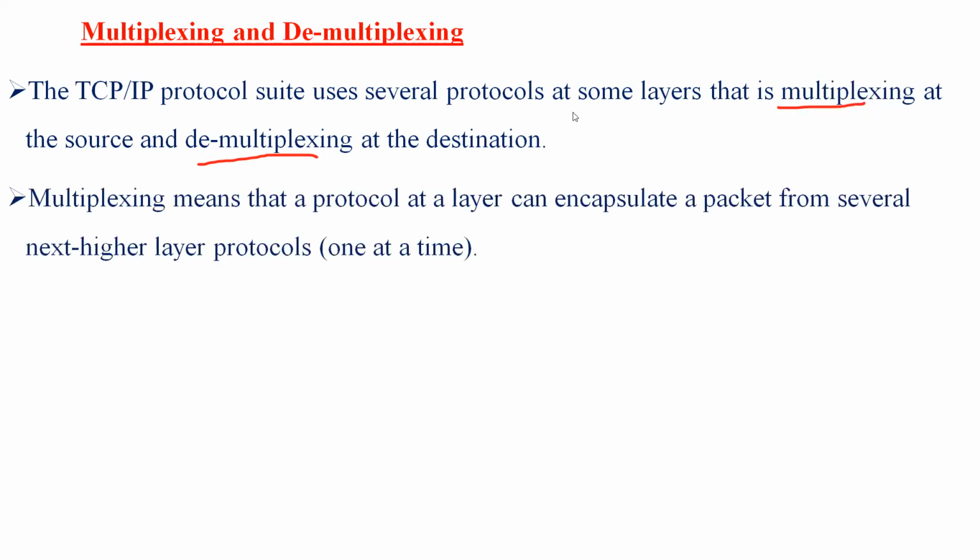Multiplexing is when a protocol at any layer of TCP/IP can encapsulate a packet from several next higher protocols, one at a time. So multiplexing means a protocol can encapsulate a packet from several next higher protocols one at a time. Encapsulating a packet is multiplexing, whereas decapsulating is demultiplexing. Demultiplexing means a protocol decapsulates and delivers a packet to several next higher protocols one at a time.